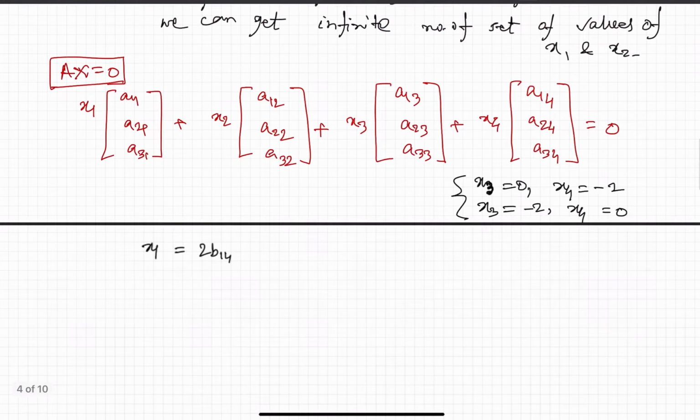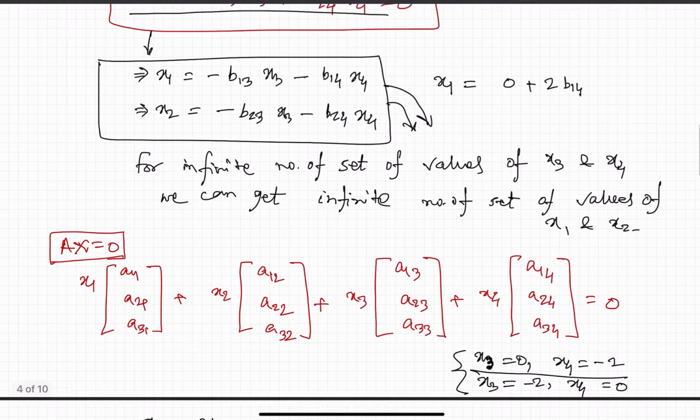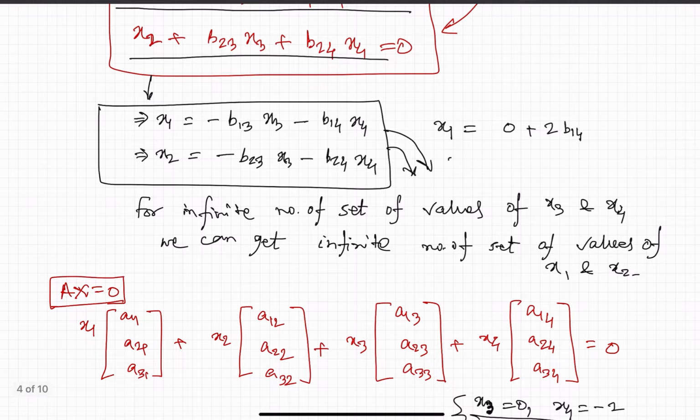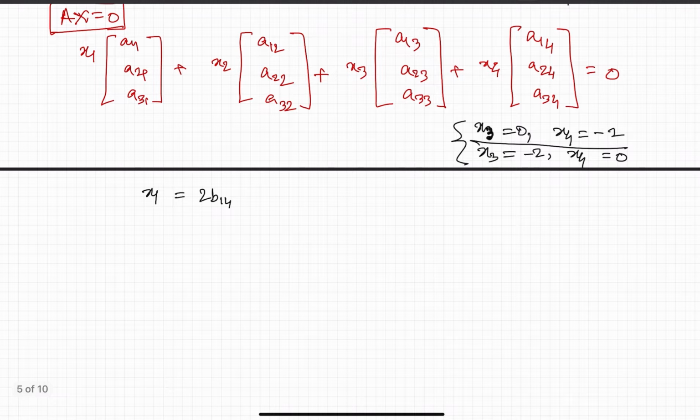and for the same value x3 is 0 and x4 is minus 2, we will get x2 as 2b24.